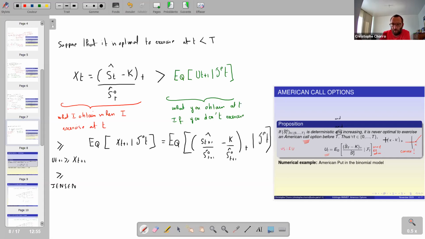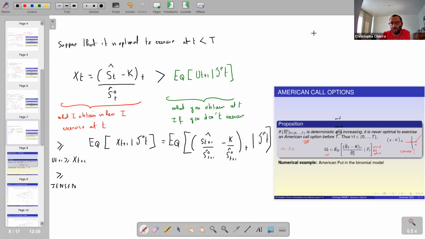Because the payoff of my European option here is a convex mapping, you know that the conditional expectation of the image of my random variable will be greater than the image of the conditional expectation.